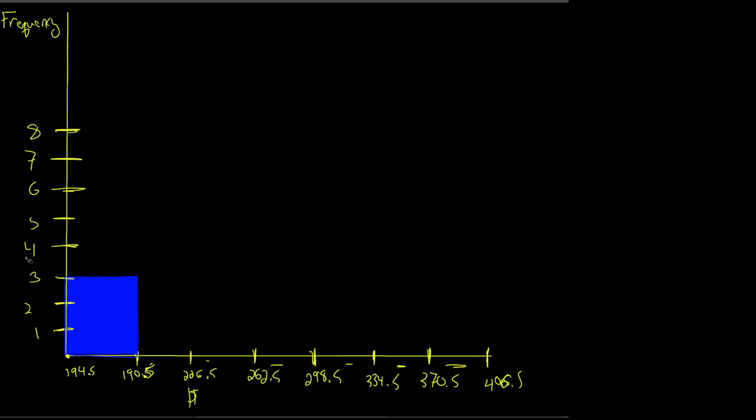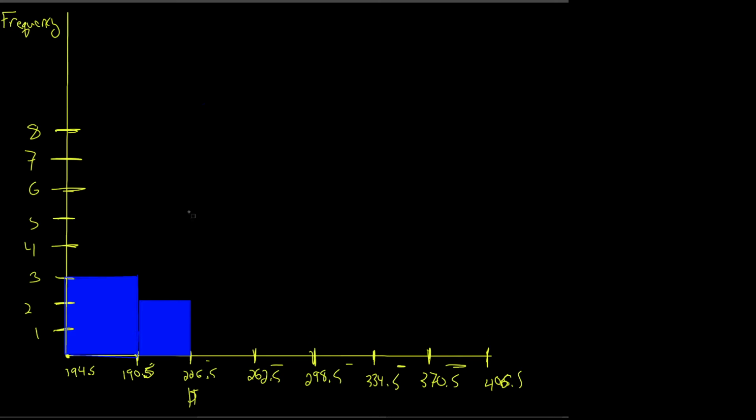Well, I can repeat that. If you look at the data coming through, my next bin had 2. So I'll come over to 2, come in here, and fill that in. And I will keep going. What was my next bin? I had 5.